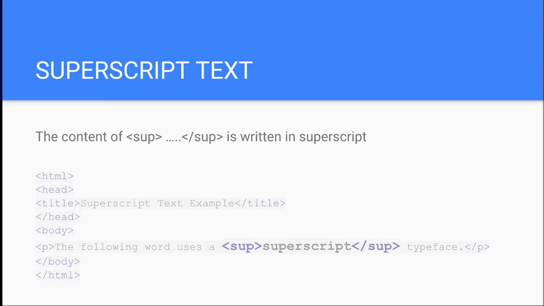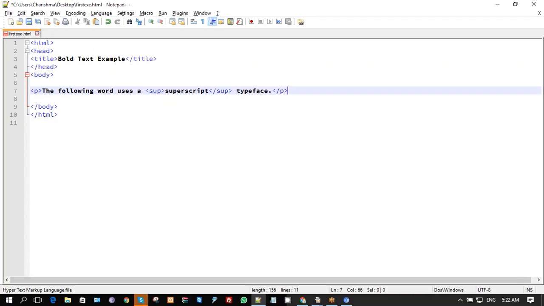And the next one is superscript. What is superscript? If you use the sup and /sup element, the content between these two tags will be rendered in superscript. Let's try this example too, then you will understand what exactly superscript is. Here you go.